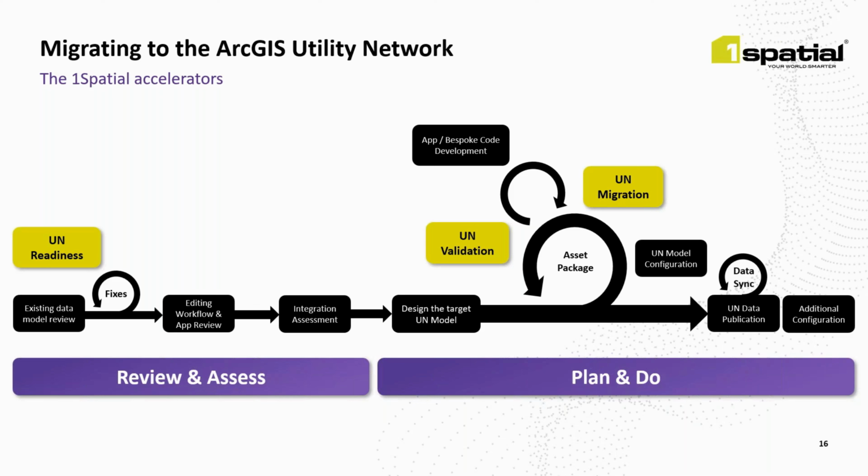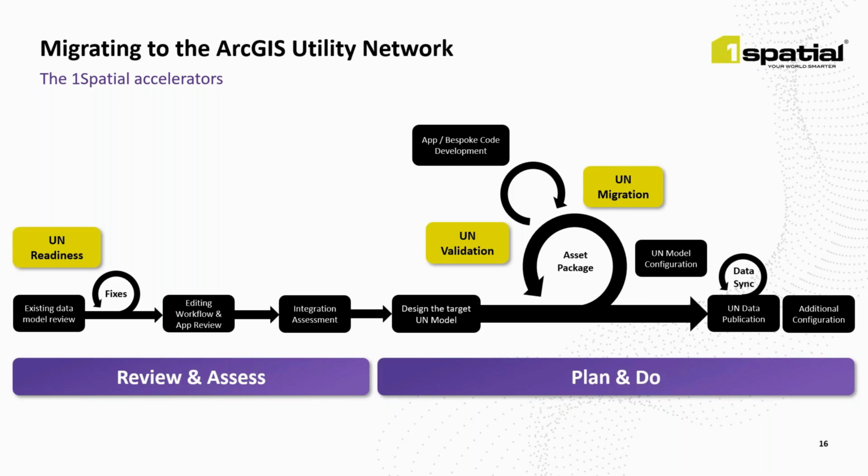So at the very start, we want to review our as-is and assess our current state, and also we want to start fixing our data as soon as possible within that time frame. Then as we move through, we want to look at our integration points, we want to design the right model, and then we'll start to push our source data into that new model, which we will configure an asset package to reflect that model that we design.